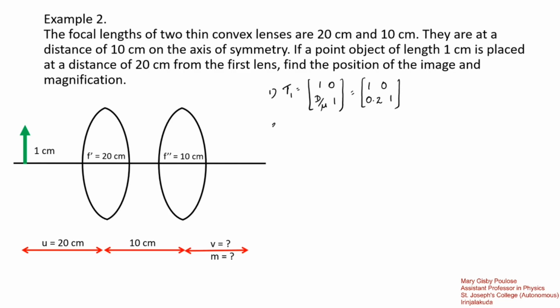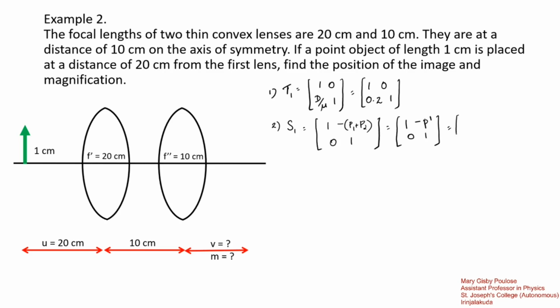Now the second operation is that of the lens. So light undergoes the system matrix S1 of the lens L1. I can write the matrix form as 1, minus of P1 plus P2, 0, 1. I use the system matrix for the thin lens because the thickness has not been stated. Here minus P1 plus P2 gives minus P dash, 0, 1, where P dash is the effective power of the first lens.